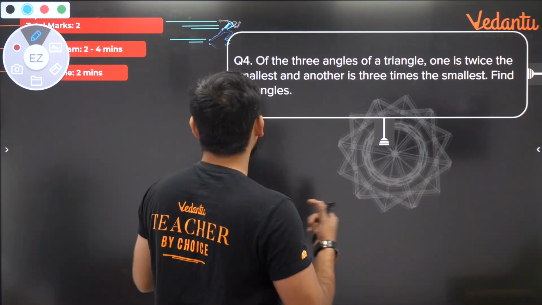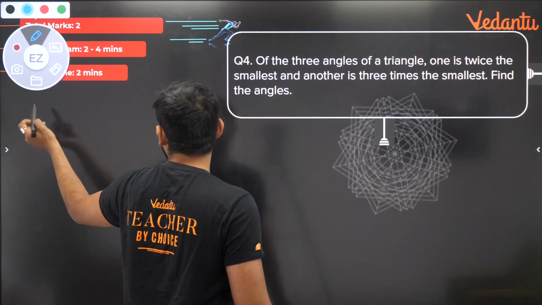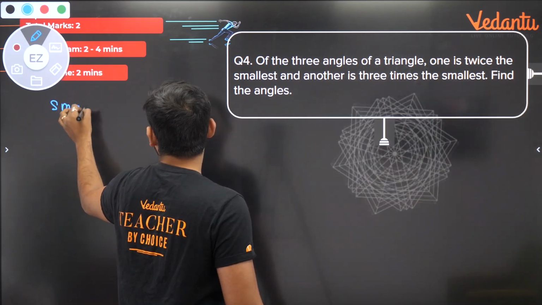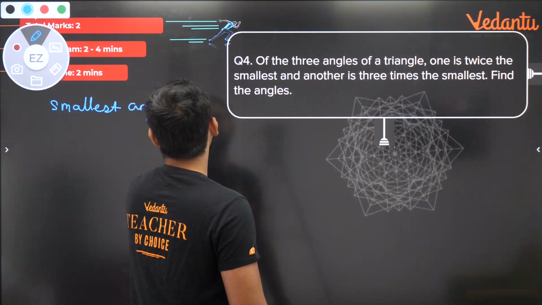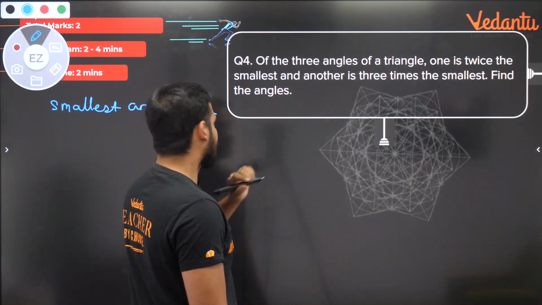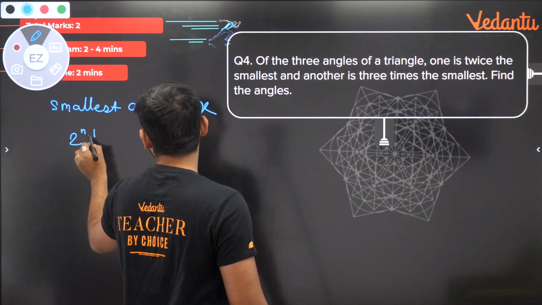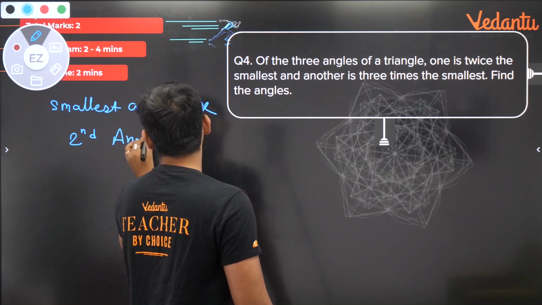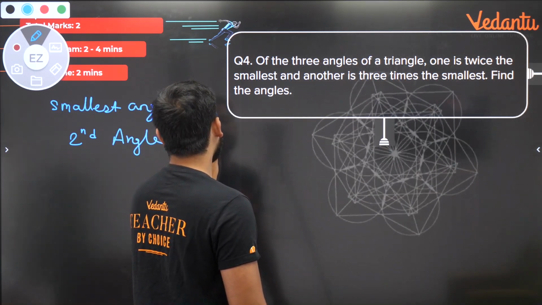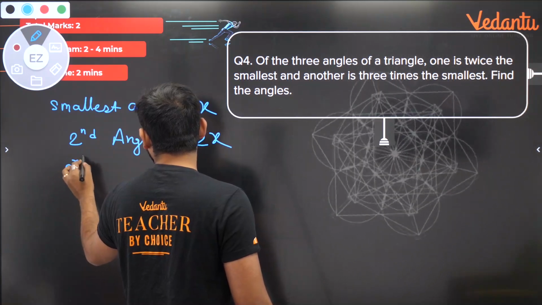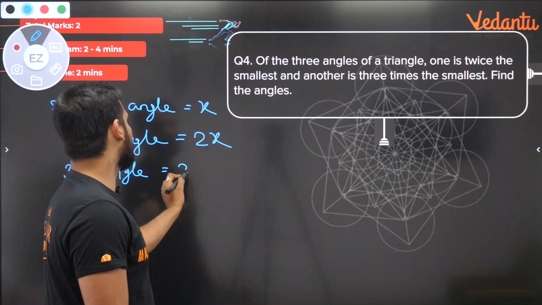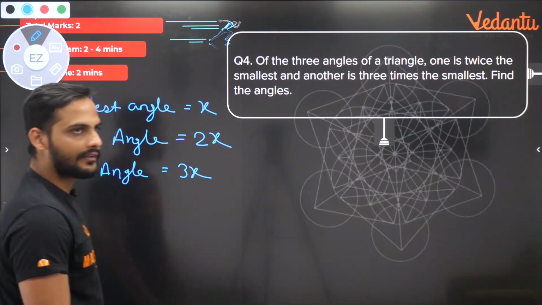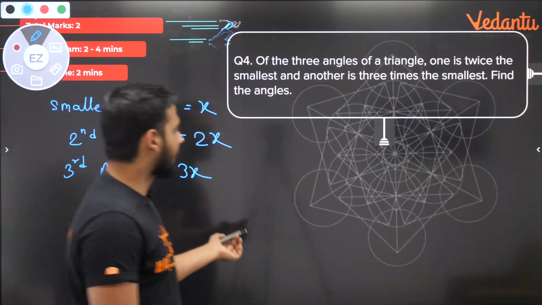So let us start by taking a variable that says the smallest angle is equal to X. So the second angle will be equal to double of the smallest angle, which is 2 times X. And the third angle will be triple, 3 times, 3x. So these are the 3 angles. So now it's very easy.